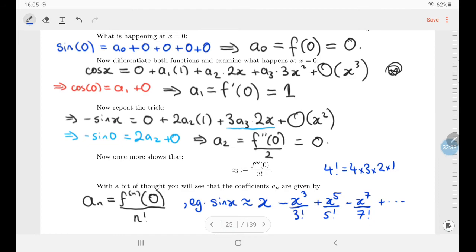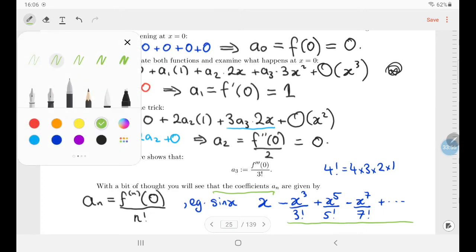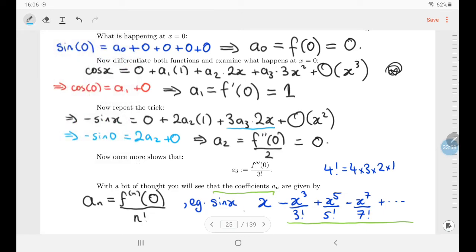Now, if your x is small, these are all small. If the sum goes on forever, it's equal.